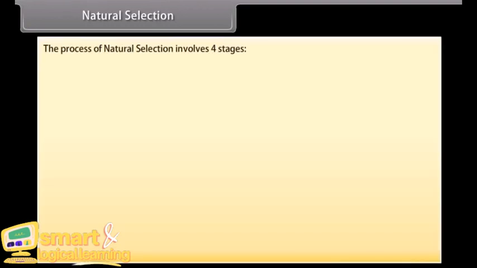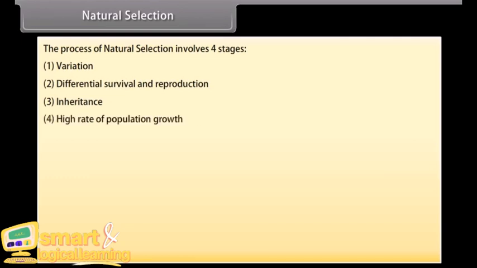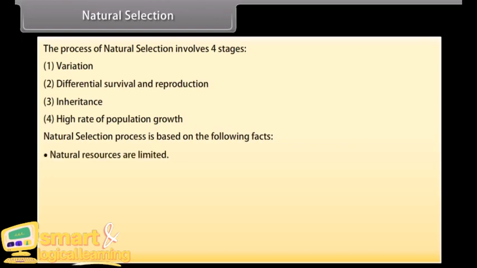Natural selection. The process of natural selection involves 4 stages: variation, differential survival and reproduction, inheritance, and a high rate of population growth. The natural selection process is based on the following facts. Natural resources are limited. Population sizes are stable.